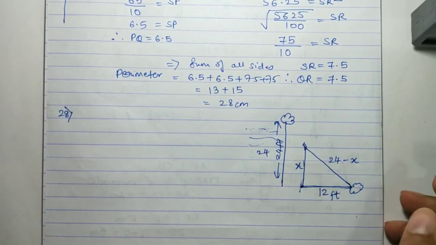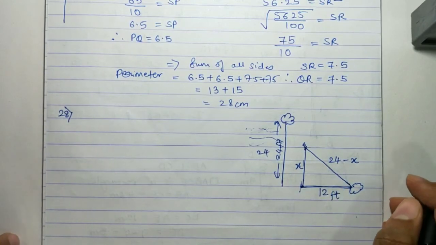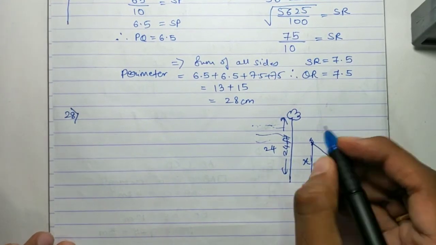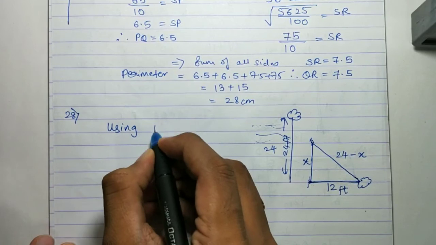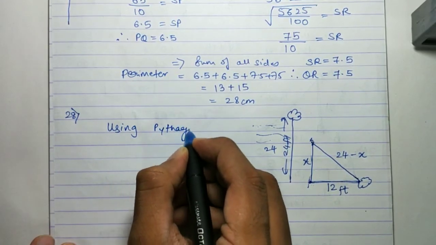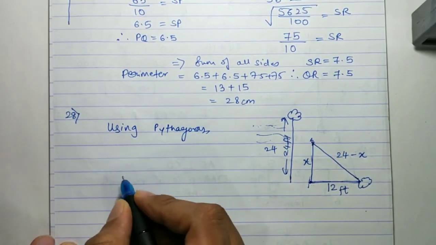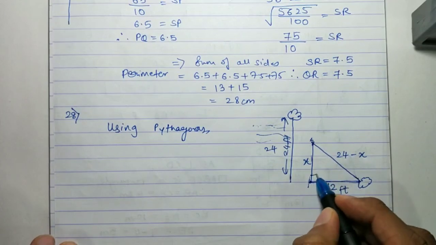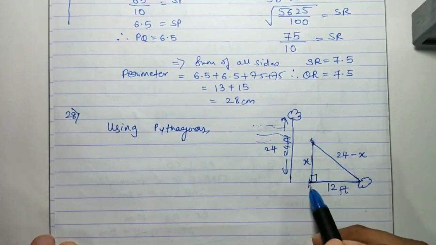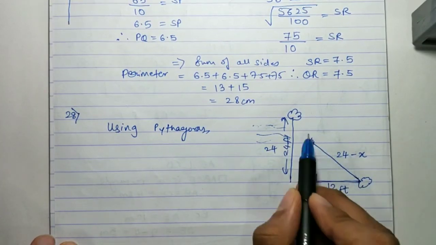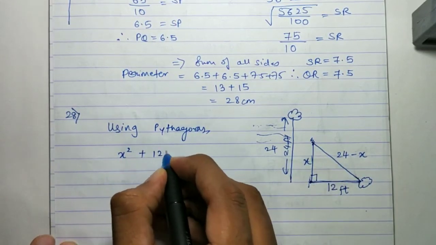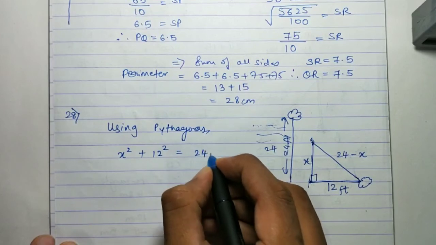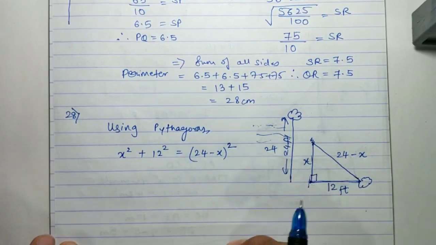Now I'll apply Pythagoras theorem here and find x. This is 90 degrees. So this square plus this square will be equal to the hypotenuse square. So x square plus 12 square equals 24 minus x whole square.